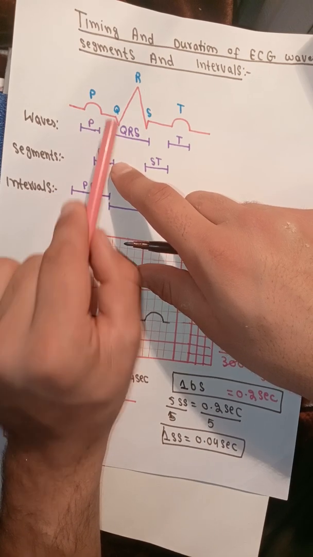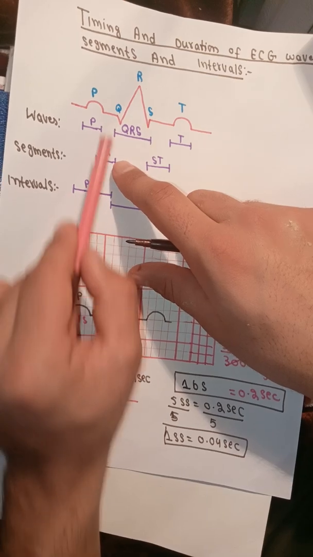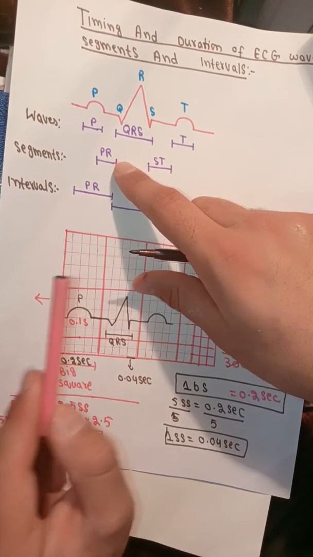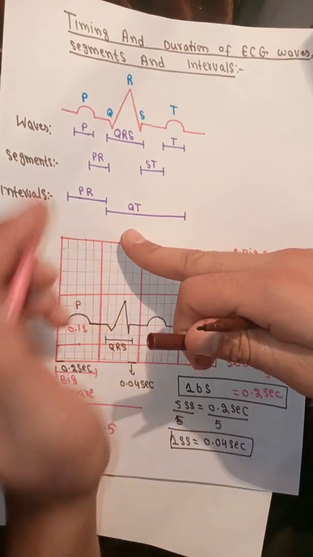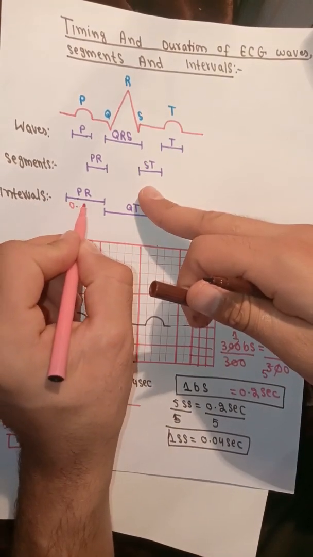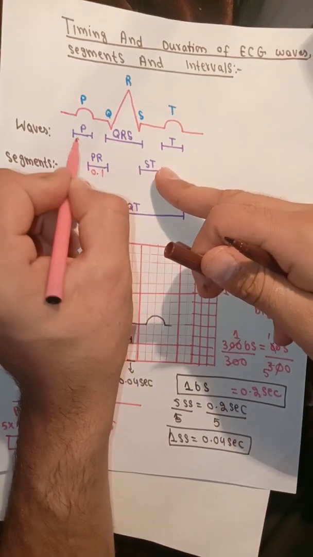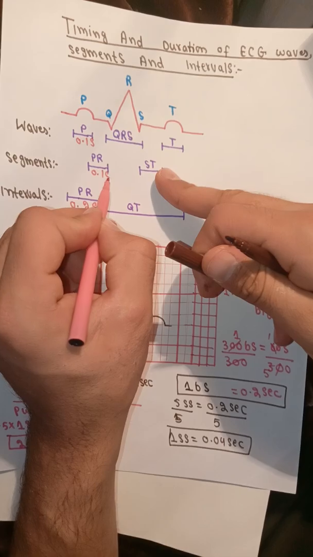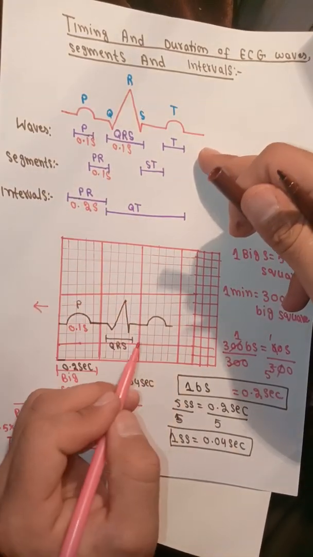Similarly, the PR segment also covers 2.5 small squares, which is also equal to 0.1 second. So we can conclude that the PR interval covers 0.2 second. I am writing here QRS 0.1 second and so on.